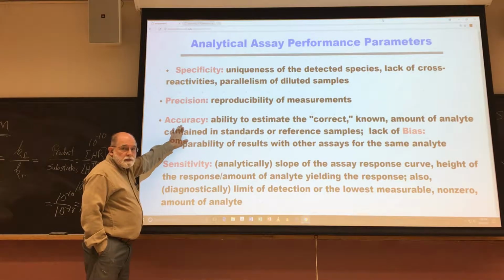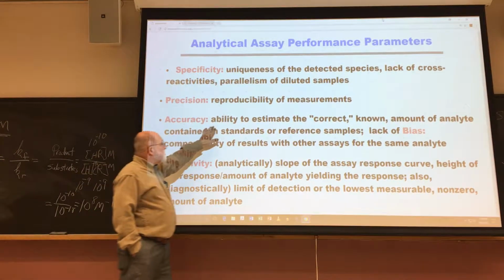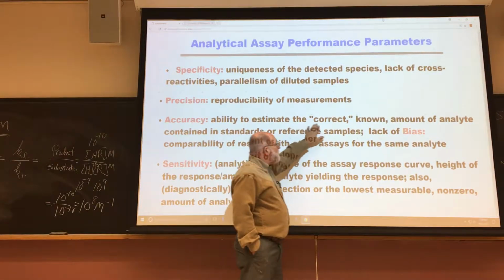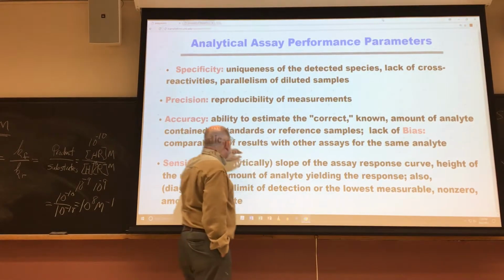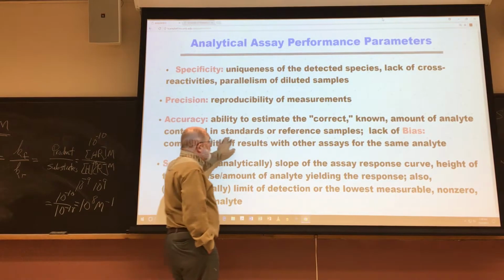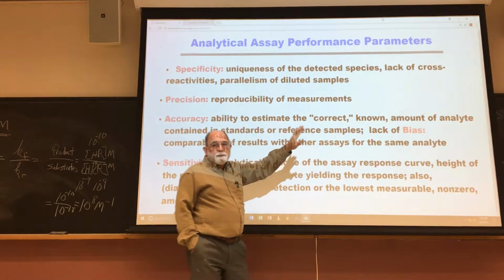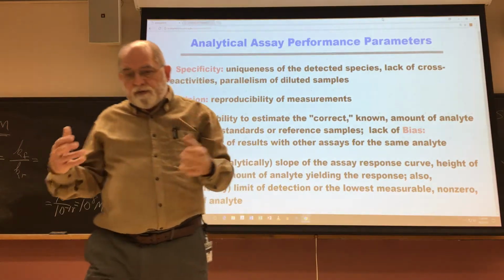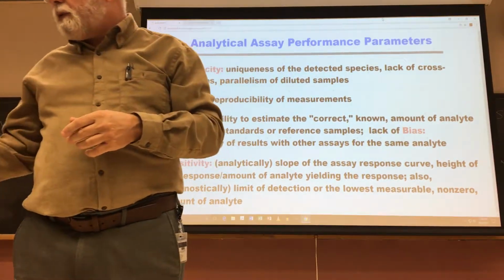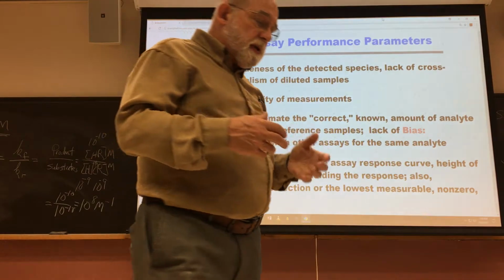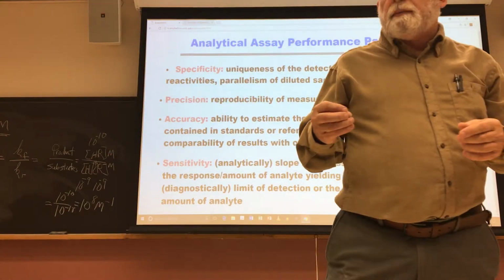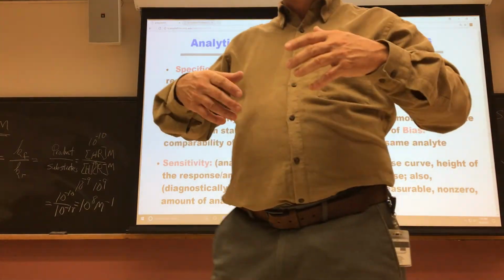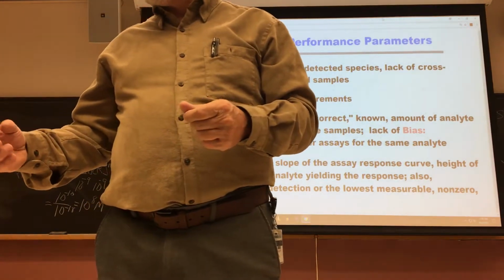Accuracy refers to the ability to estimate the correct or known amount of an analyte contained in standards or reference samples. One of the things that you end up doing when you're developing assays, particularly immunoassays, is you have to at some point cross-check them against samples. Let's say you're dealing with steroids.